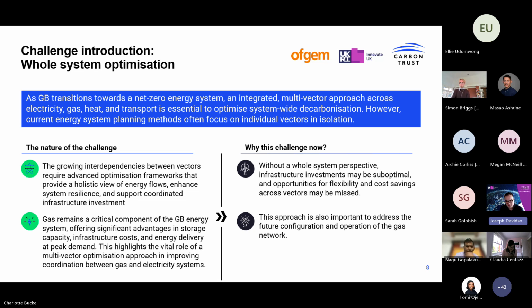We'll also be thinking about, in terms of this challenge, as other sectors decarbonise, it's a really great time to think about how we can enable those cost savings, leverage the benefits of that decarbonisation, and think in a more holistic view, and also think about that future configuration operation of the gas network.